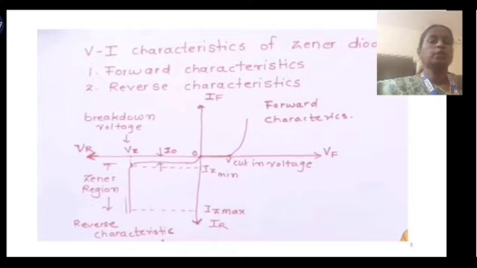We have taken forward voltage on the x-axis and forward current on the y-axis. In the same way, we have taken reverse current on the minus y-axis and reverse voltage on the minus x-axis. From 0 to the cut-in voltage, there is no current.